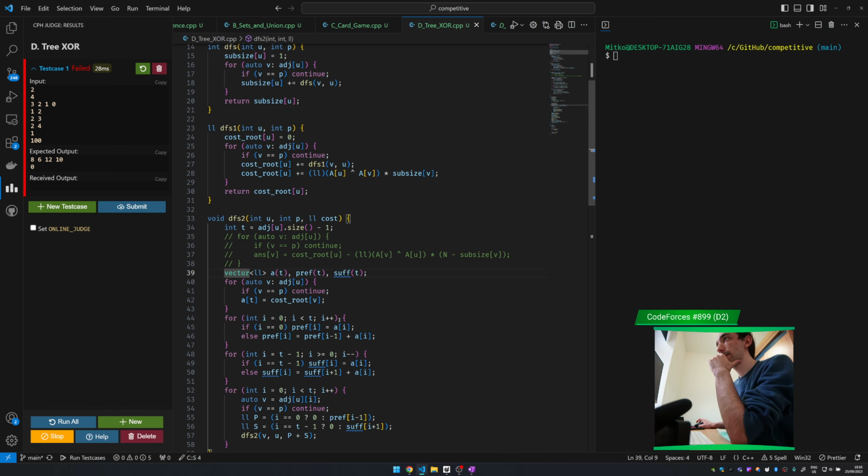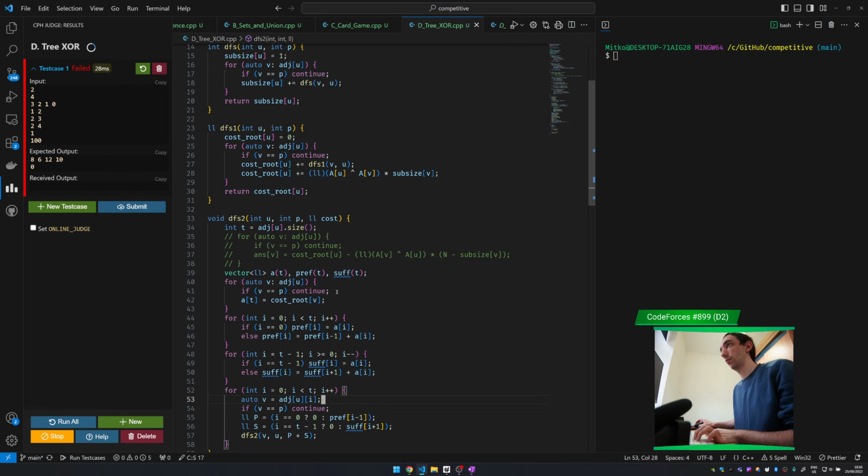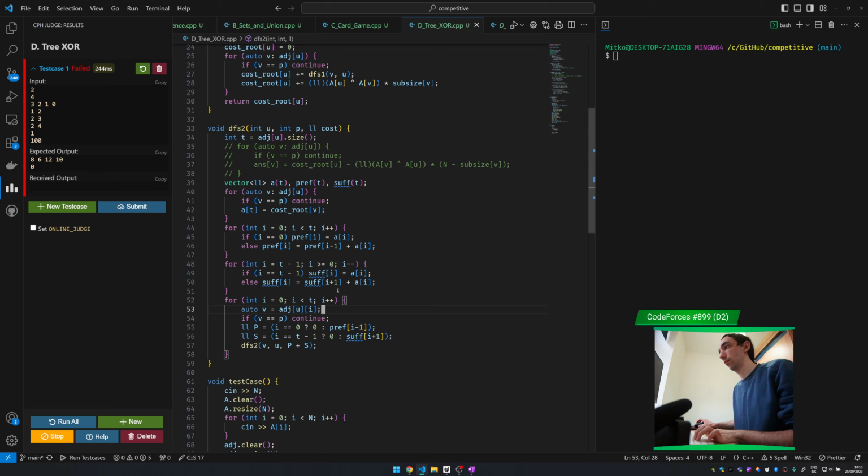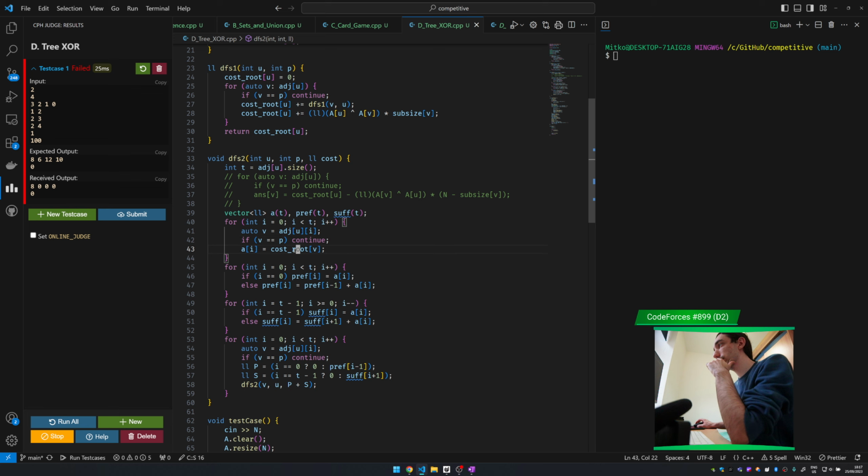Let's try it like this. A of I. Now we need this cost plus the cost of the road.